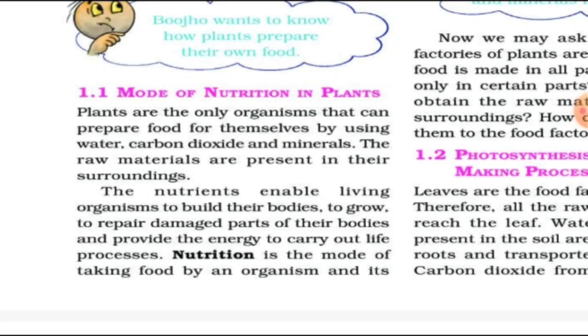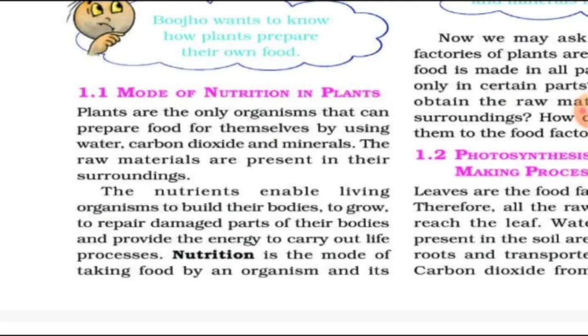The nutrients enable living organisms to build their bodies, to grow, to repair the damaged parts of their body and to provide energy to carry out various life processes. What are these various life processes? I'll tell you now: digestion, respiration, excretion.